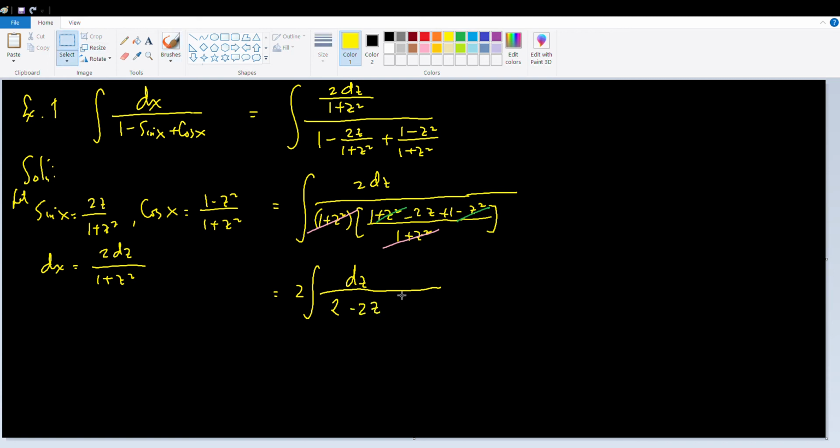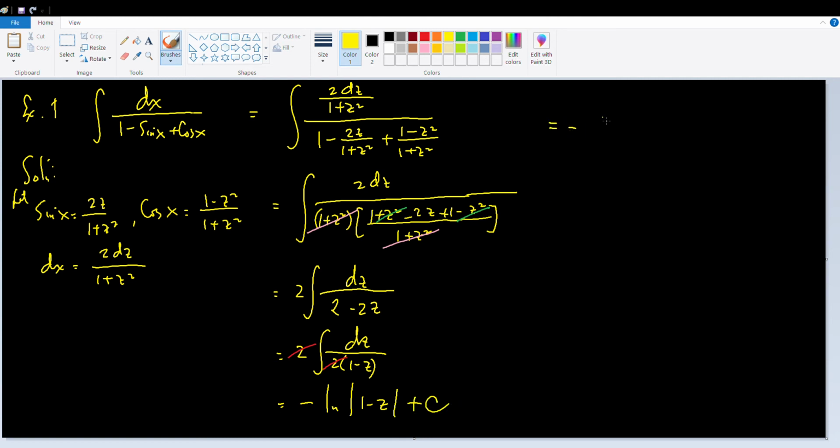And we can factor the 2 in the denominator, 1 minus z, where we can cancel the 2. So there's so many cancellations here. So what is left is dz over 1 minus z, and that is equal to the negative ln of the absolute value of 1 minus z plus the constant c.